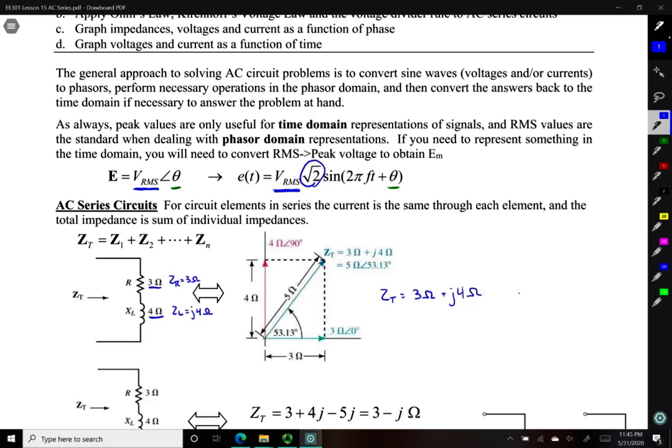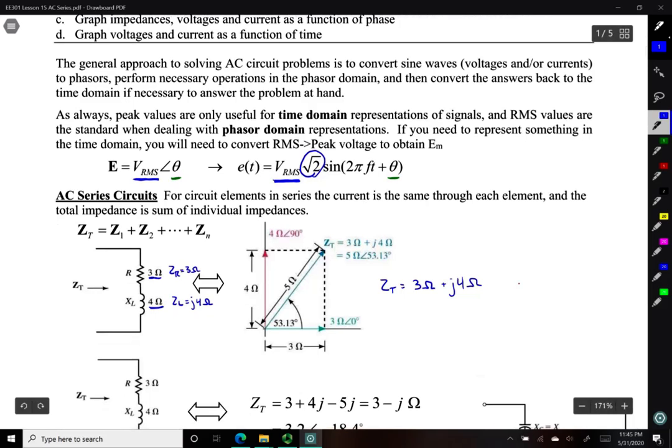And that is our quantity in rectangular terms. We can also convert it into polar form if we wanted to, and we would get 5 ohms, angle 53.13 degrees.